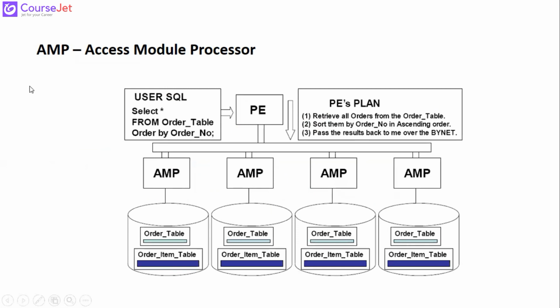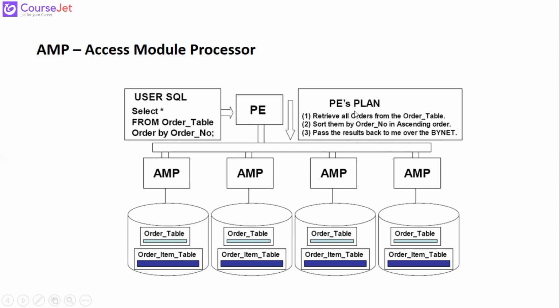So this is the flow of data, meaning once you submit a query, how it goes through the PE and AMPs and then retrieves the data. If you see here, you're doing a select star from the order table with an order by order number. This user SQL is passed to the PE, and all the syntax, semantic checks, and plan generation are done. For example: retrieve all orders from the order table, sort them by order number in ascending or descending order, and pass the result back to me over the binary.